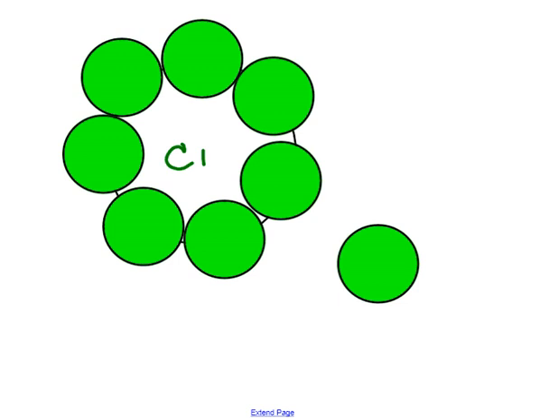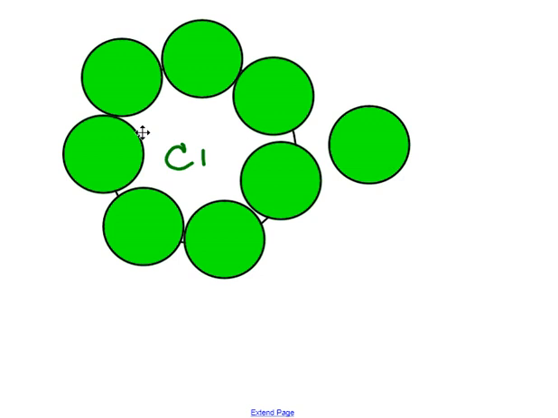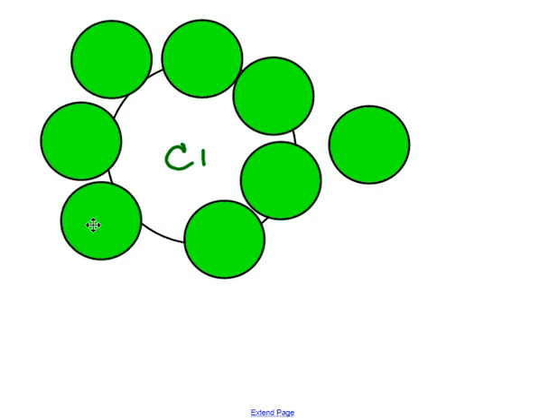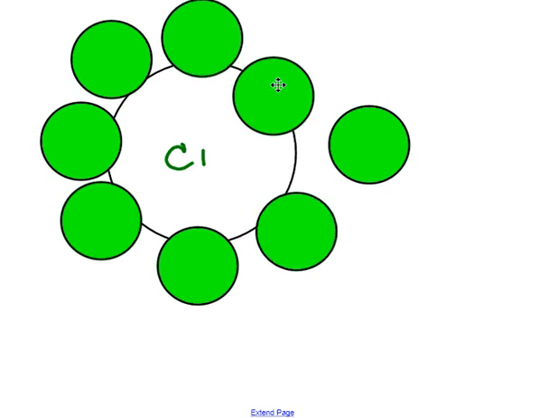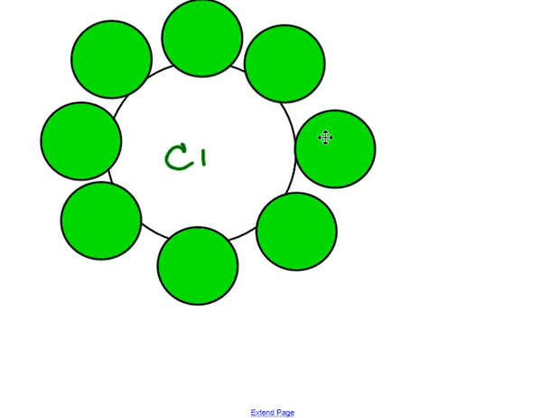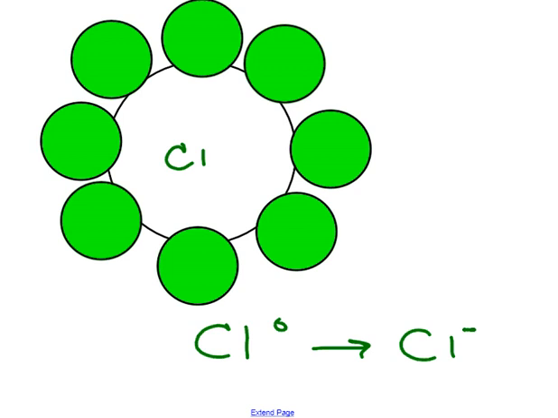In order to add another electron, we will have to cause all the rest of these to spread apart. Everybody's going to have to back up a little bit and space out because right now they're too close together. So as we spread all of the existing electrons out, we make room for the 8th. And you can see that we've become larger than we were in the atom. So as we go from chlorine as an atom with no charge to chloride as an atom with a 1- charge, we've added an electron, we have become larger.